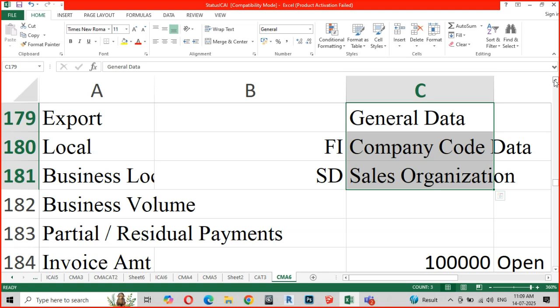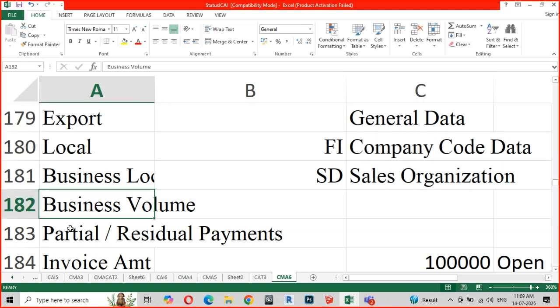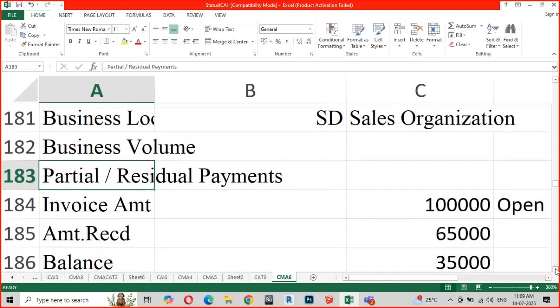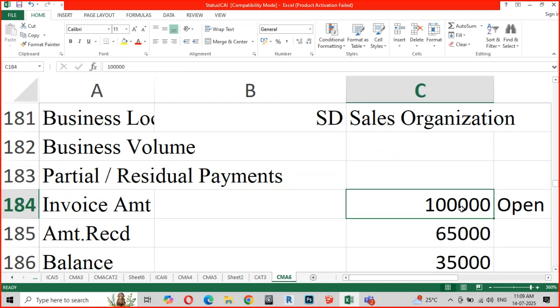Now, we also spoke about the partial and the residual payments. So what was the example? Let me assume that I have made a sale for 1 lakh rupees.